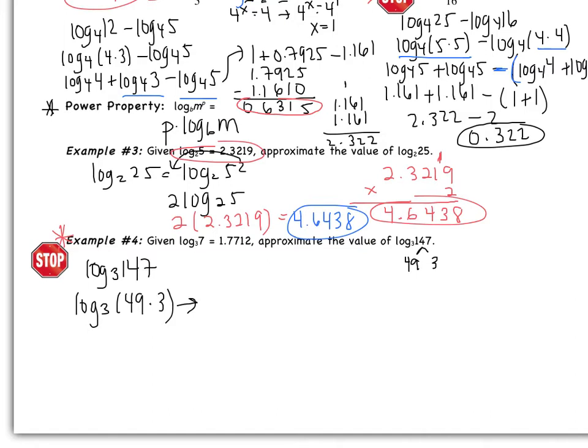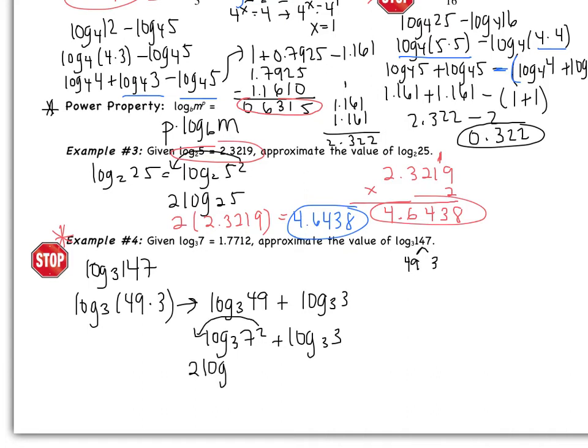Using the product rule, this becomes log base 3 of 49, add log base 3 of 3. Now, 49 is 7 squared. Using the power property, I can now bring that 2 out in front. So this becomes 2 log base 3 of 7, add log base 3 of 3.